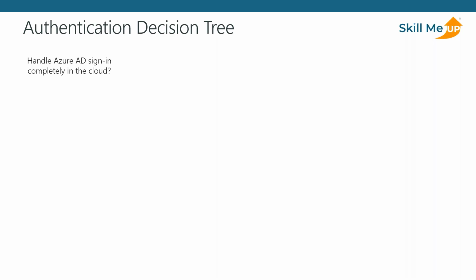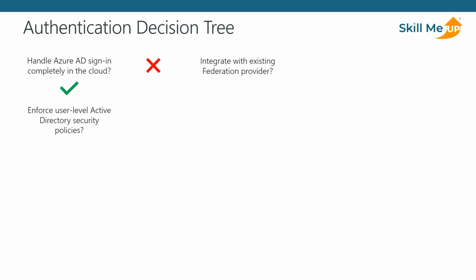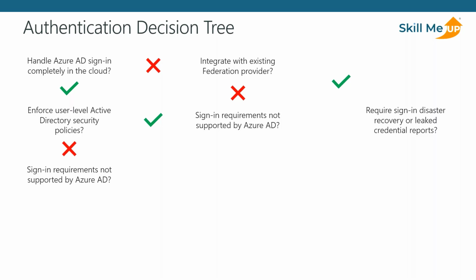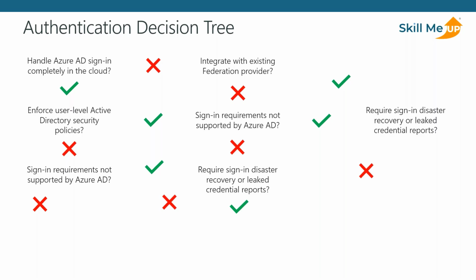First off, Azure AD can handle the sign-in for users without relying on premises components to verify the password itself. So you can see as it starts to flow out. For example, if we handle Azure AD sign-in completely in the cloud, then our next decision is to enforce user-level Active Directory security policies. You can see as we flow backwards and forwards, it'll keep loading.